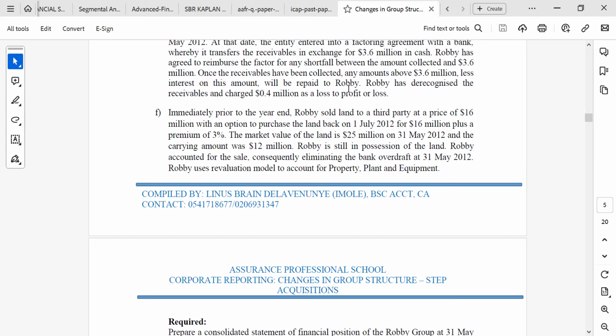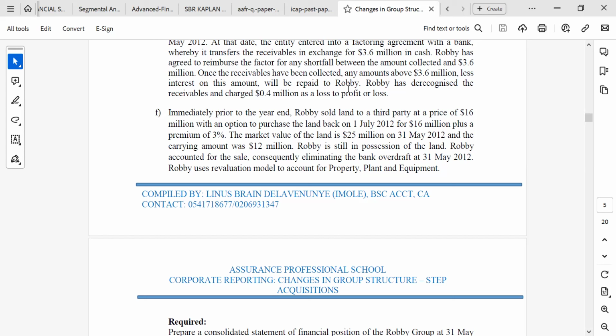After the sale, you should be able to give the land to the person. The person is not in possession of the land. So it means that the amount that you are receiving from the person will be treated as a loan. Okay, but let's come to what they are saying here. So that will not be a sale. Robbie is still in possession of the land.